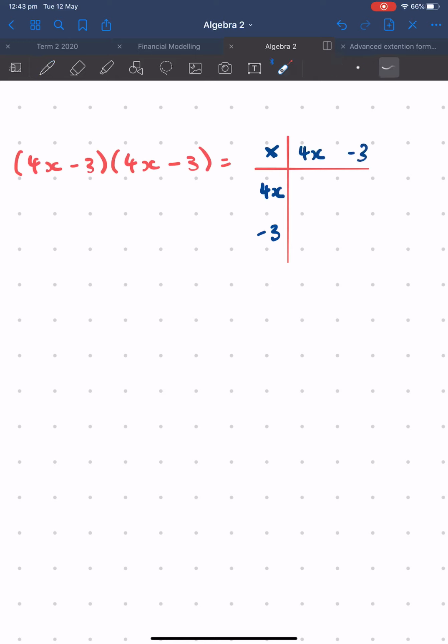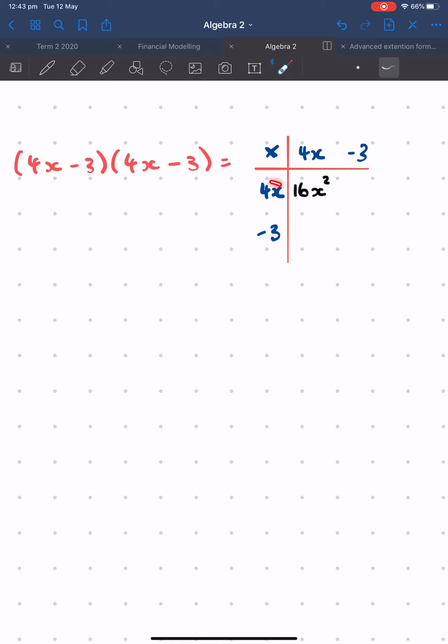Again, we're just going to multiply to fill in the 4 empty spots. So I'm going to do this in black maybe so it stands out. Now 4 times 4, because we do the numbers first, is 16. And then x times x is x squared. So if you're ever dealing with algebra and numbers, we times the numbers together and then we times the algebra together.